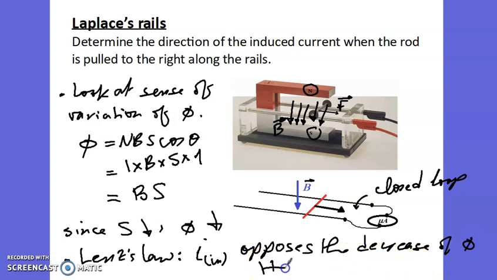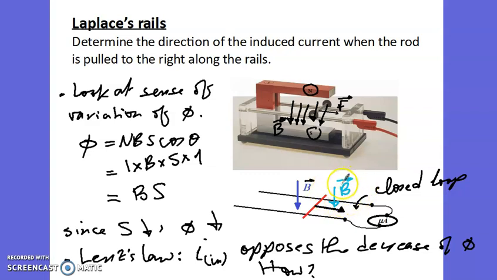How does it oppose it? In reality, there is more than one way to explain how, but I will follow the simplest one, because here we have a loop and we know the external magnetic field, which is blue in this case, I draw it B, due to the bar magnet.